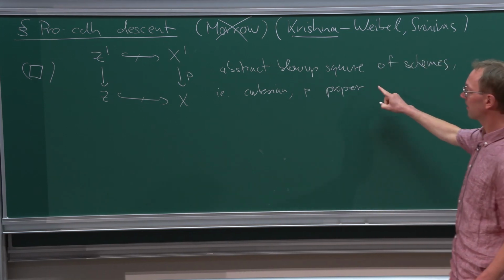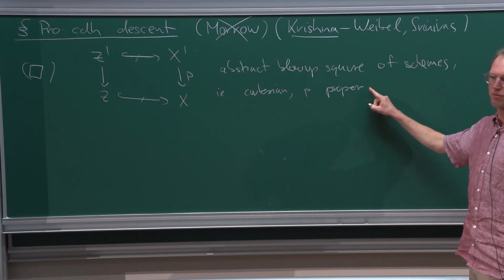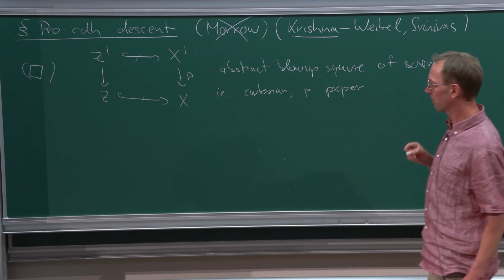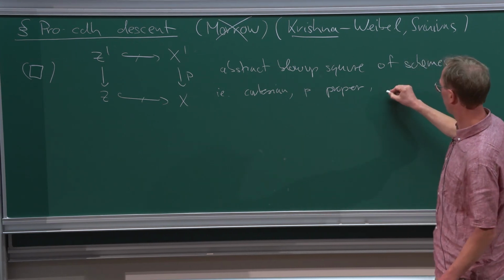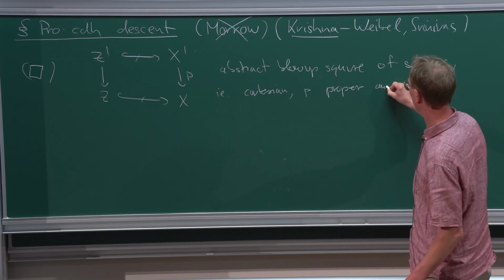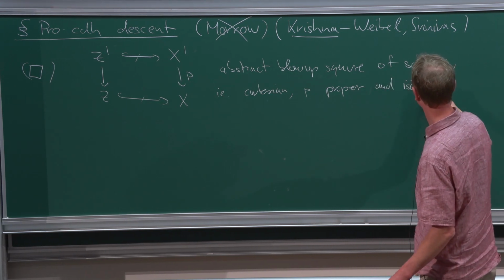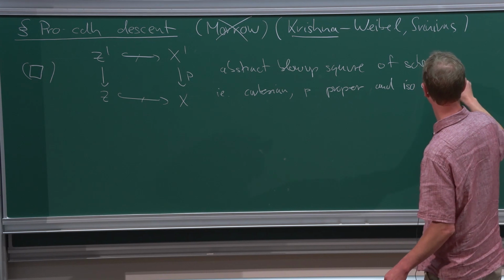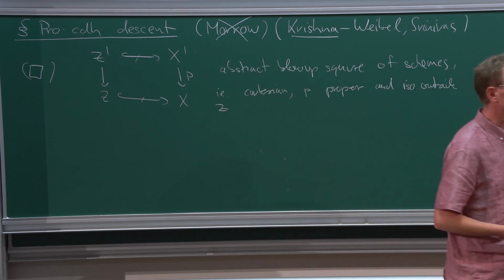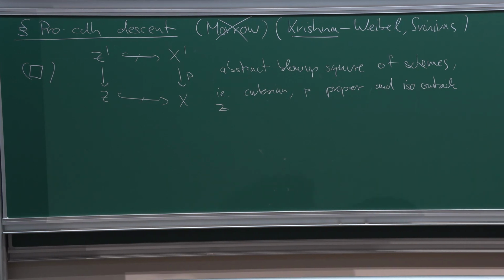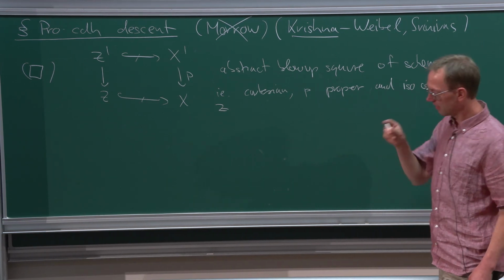If you are in the non-Noetherian setting, maybe you want it to be proper and finitely presented, but we will come to this later. And then the important property is that P is an isomorphism outside the image, I mean, outside this closed subset Z.